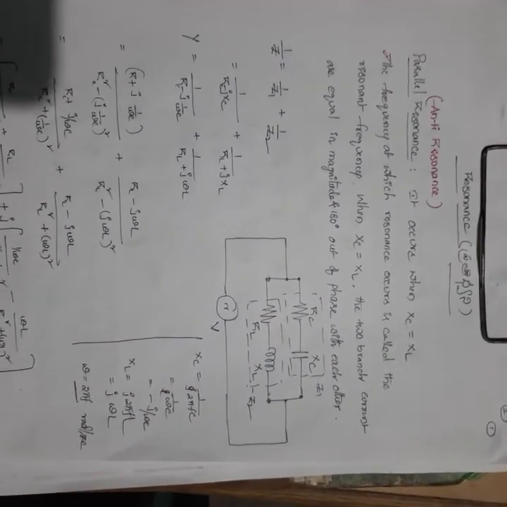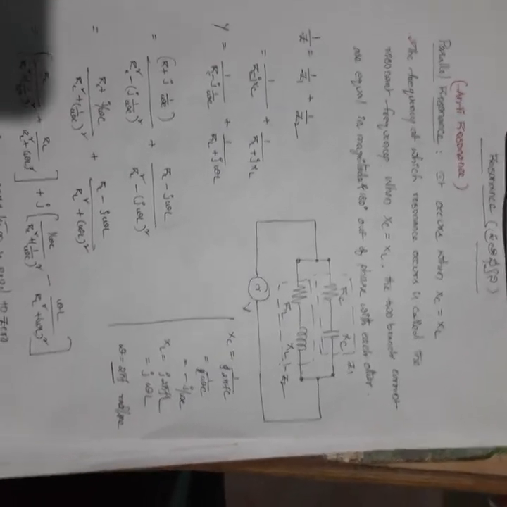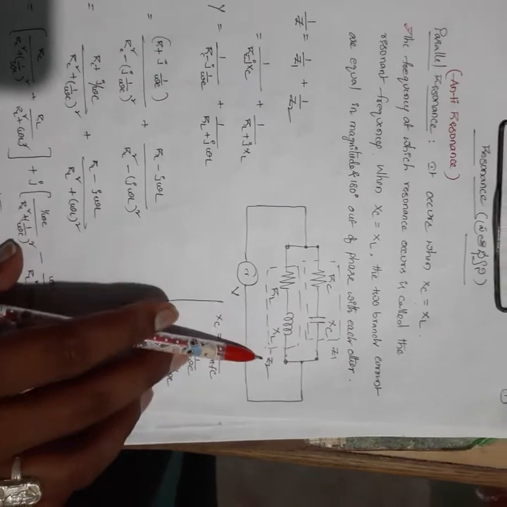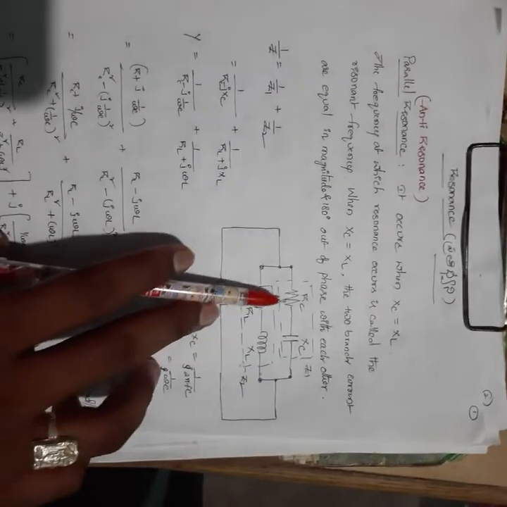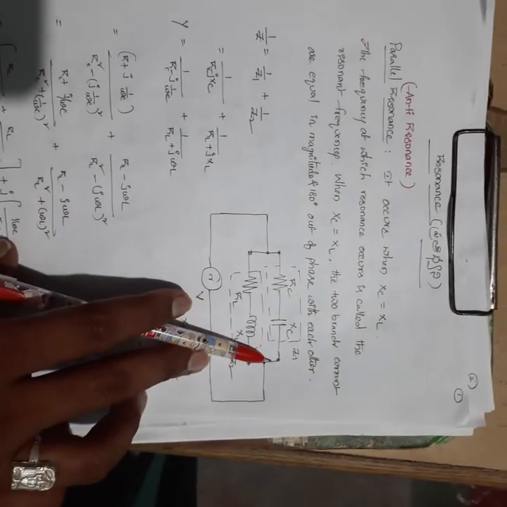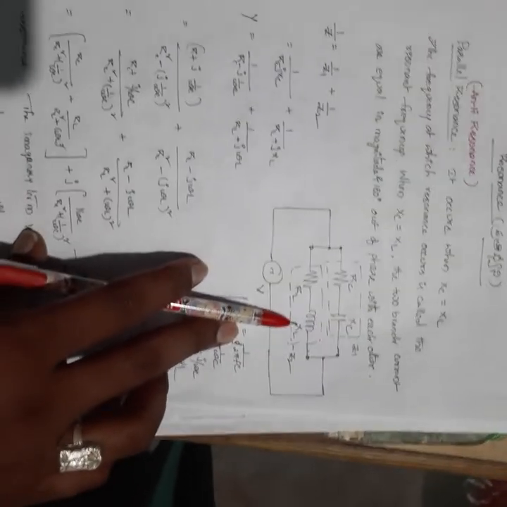Here I am taking a simple parallel circuit, a parallel resonance circuit, consisting of a resistor with energy storage elements: one capacitive storage element and another inductive storage element.